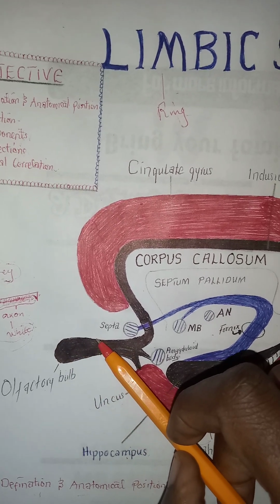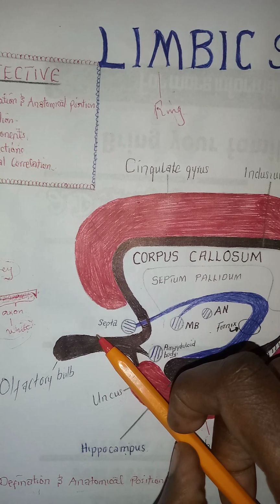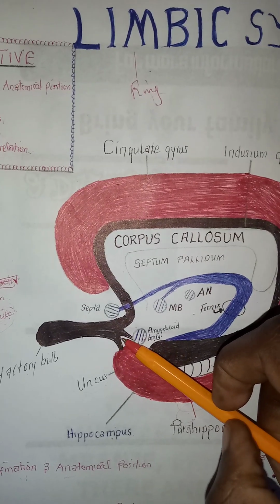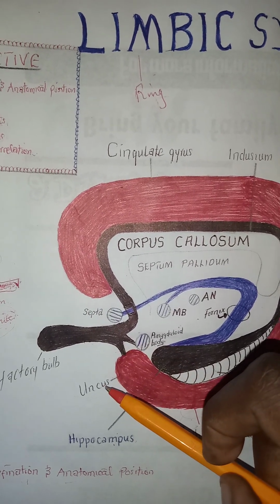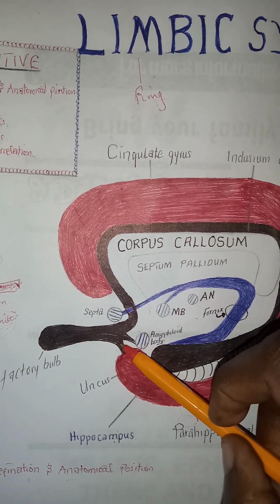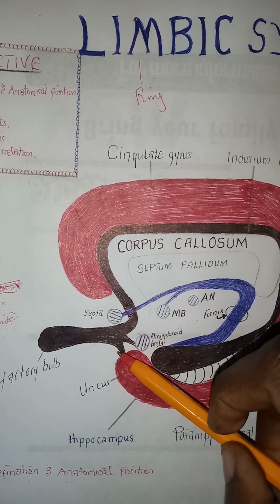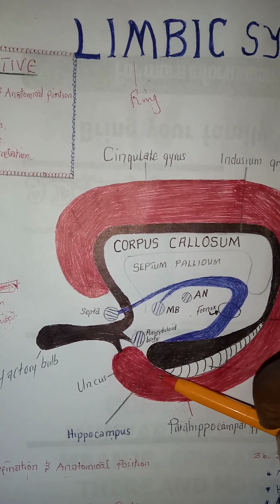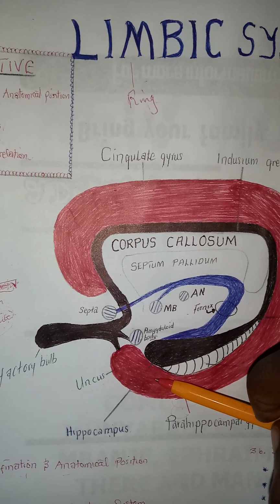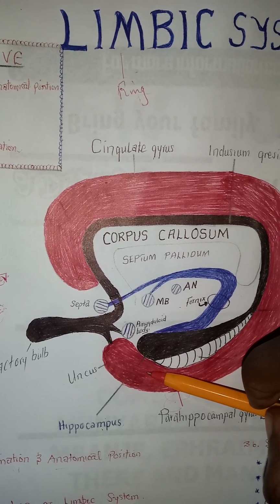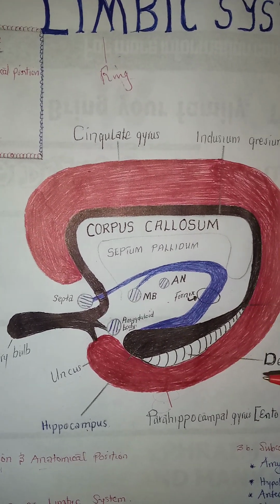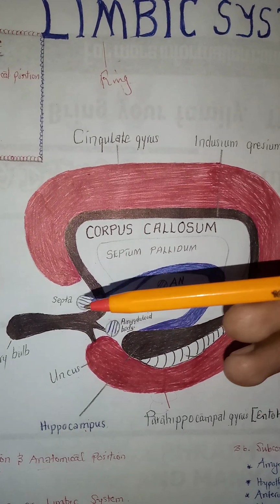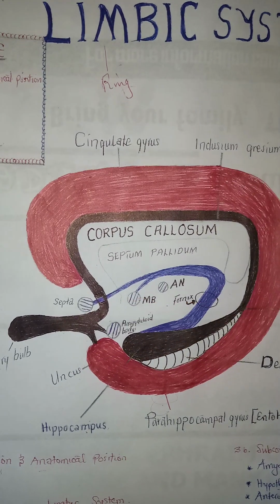From the olfactory bulb, it continues within the olfactory tract, and then it finds its way to its primary center, which is located between the uncus and the anterior perforated substance, somewhere here, and then the information reaches the parahippocampal gyrus, which is the secondary center of olfaction. So it now makes sense that the entorhinal cortex is responsible for the sense of smell, because it receives some fibers from the olfactory nerve.